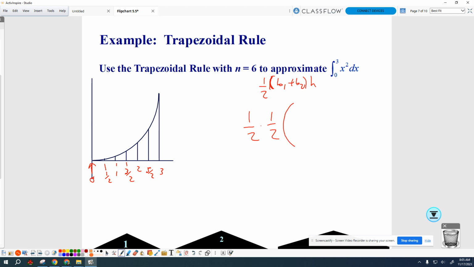And what Nick just said, base 1, that's f of 0. But base 2, this guy, is the bottom of that trapezoid but the top of the second one. So he said, just double it.